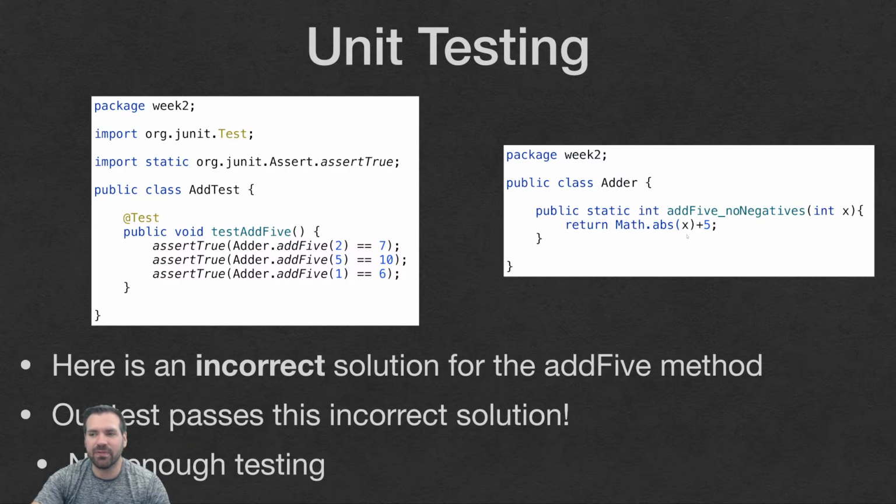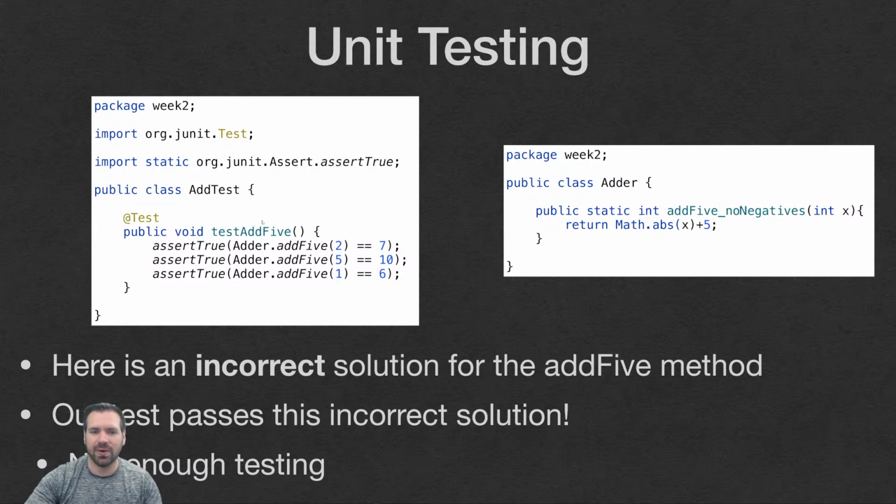Say someone takes the absolute value of x first and then adds 5. Now, this looks like a really silly thing to do, and don't get me wrong, it is. But the goal of your tests is to get rid of every possible incorrect solution. Any possible bug that a developer might write, you should be able to catch with your test cases, within reason.